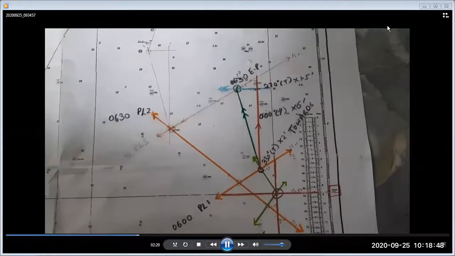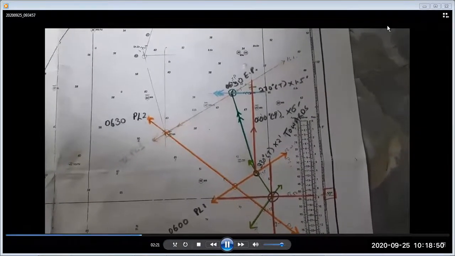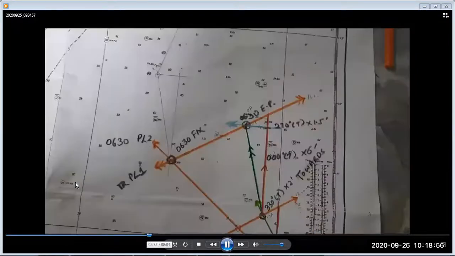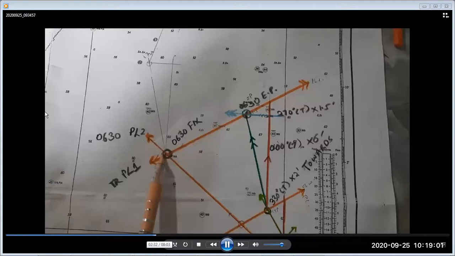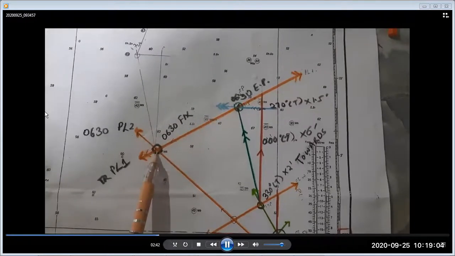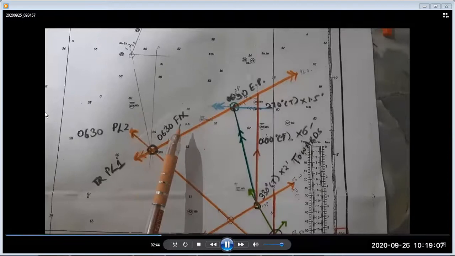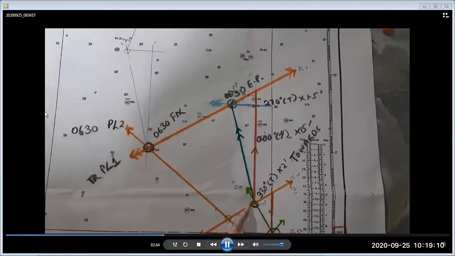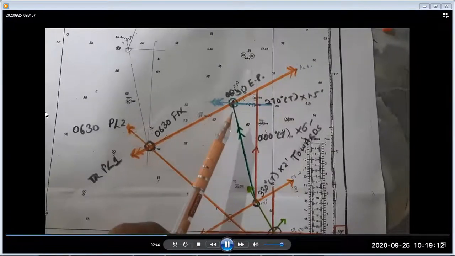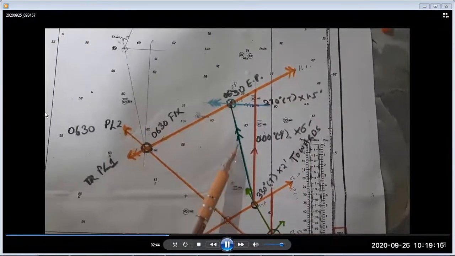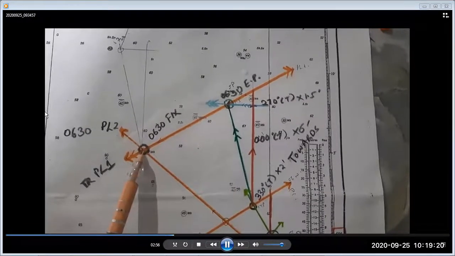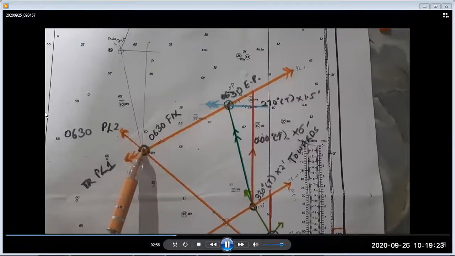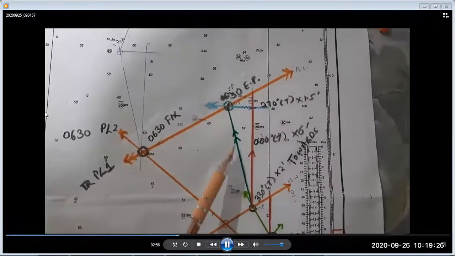So now we transferred the first PL, and wherever it cuts the second PL, that is our 0630 fix, and we join this initial point to this point. So from the start to the EP, we got this course made good. So now in the question it is asked 0630 fix, that we got here. Now we need 0700 fix. So the ship is running on this course.